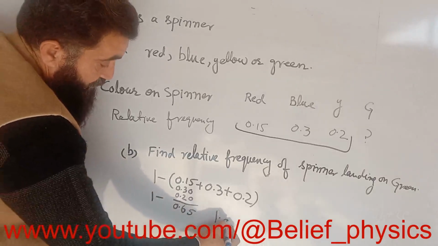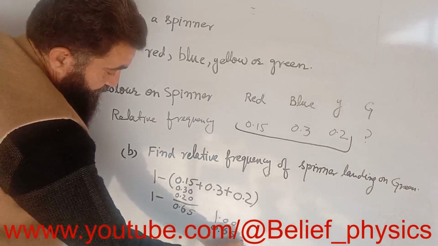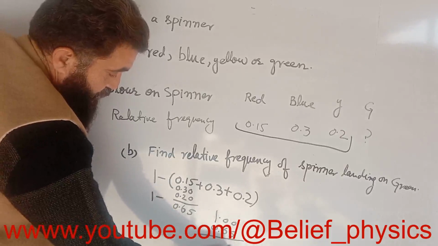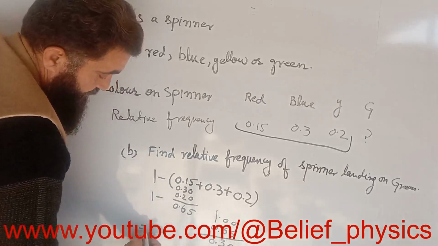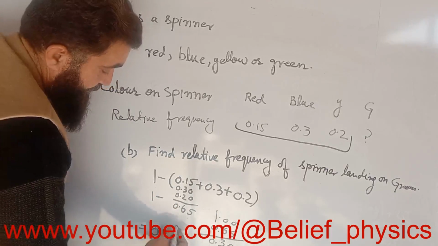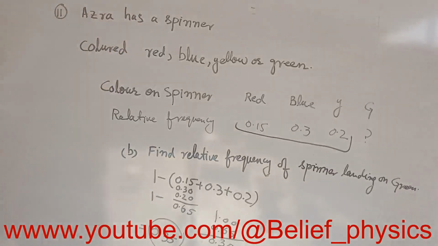It is 1.00 minus 0.65. 100 minus 65 is 35, so it is 0.35. So the relative frequency of the spinner landing on green is 0.35. That's it.